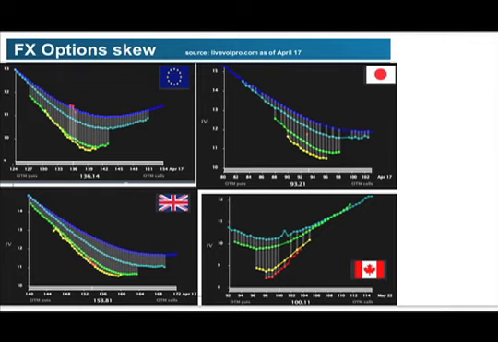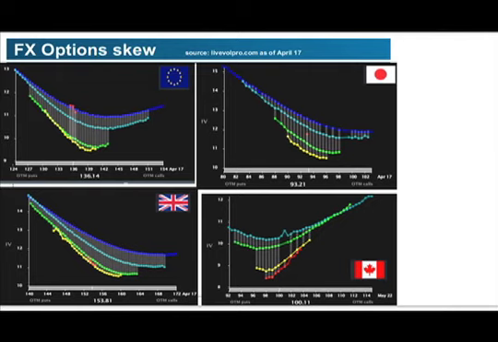If you look at the British pound, it had the similar characteristic as the euro, you see that downward slope, meaning that the option traders were saying if the pound weakened, it might weaken in a very volatile fashion, and it did. And if you look at the Canadian dollar, the last chart, it's the reverse view.